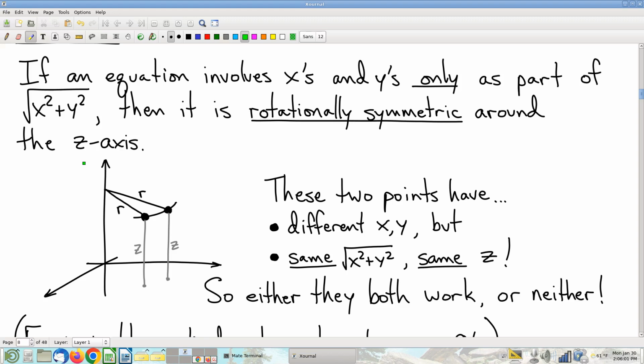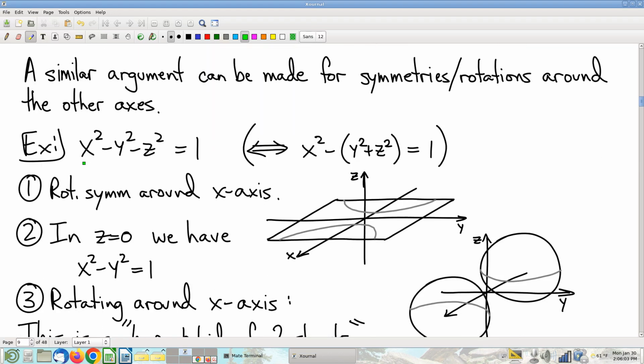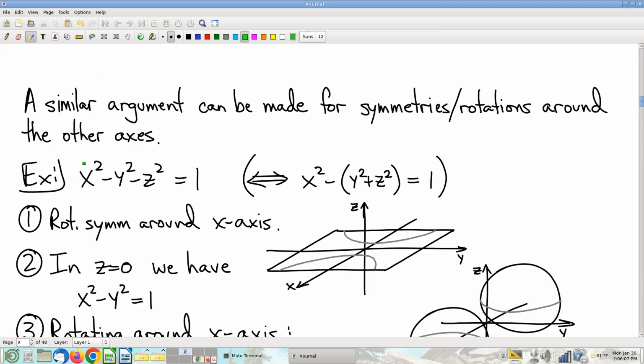That said, I do think it's a healthy exercise to think through the argument. So, where did I write that down? I guess I wrote can be made. So I want to encourage y'all to do this, to make the argument for similar results about rotations around the other axes. And I'm just going to proceed to use these similar results.